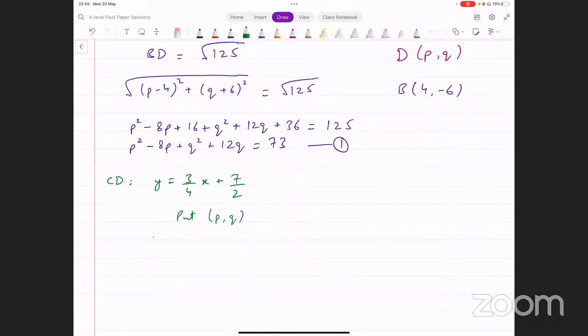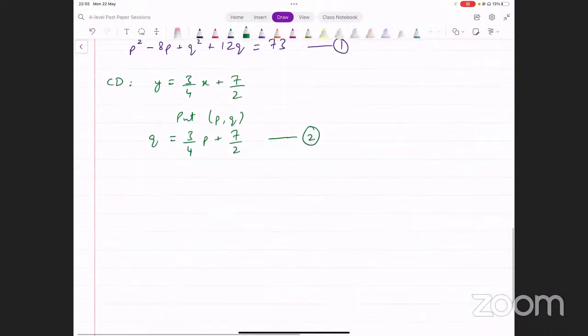We get Q equals 3 over 4P plus 7 over 2. We have another equation from here. We have two equations, equation 1 and equation 2. We can solve these two equations simultaneously, and that is going to give us the values of P and Q.